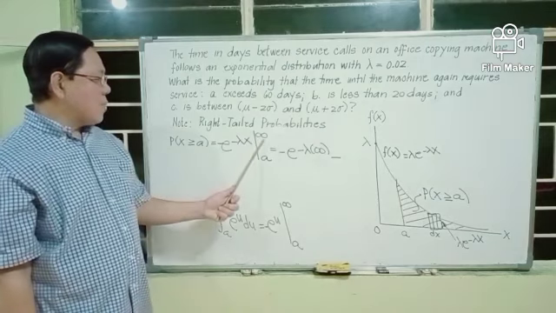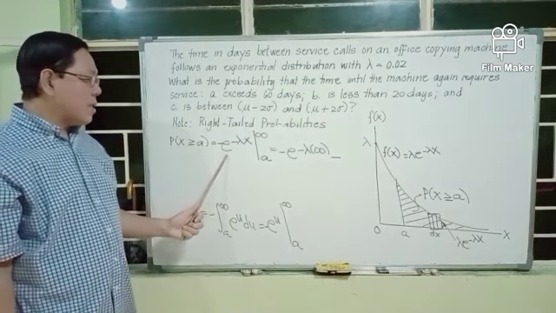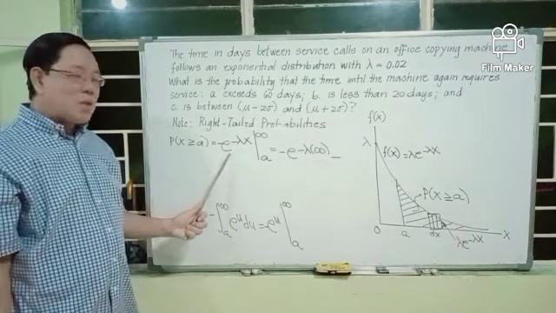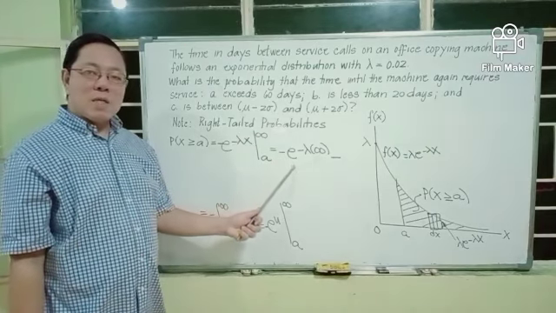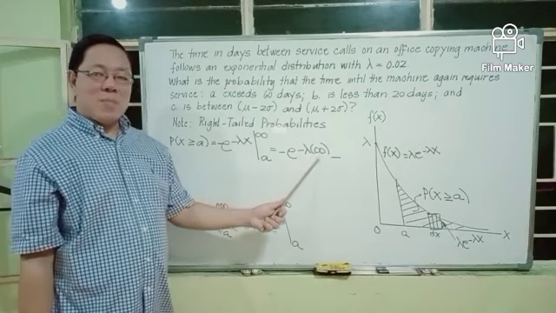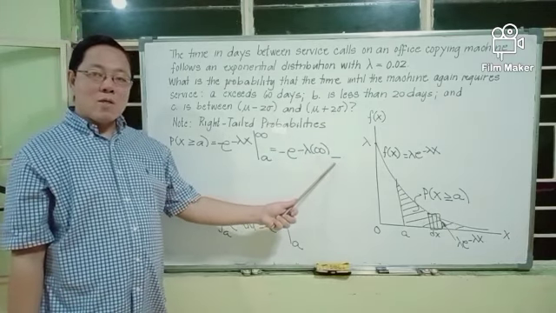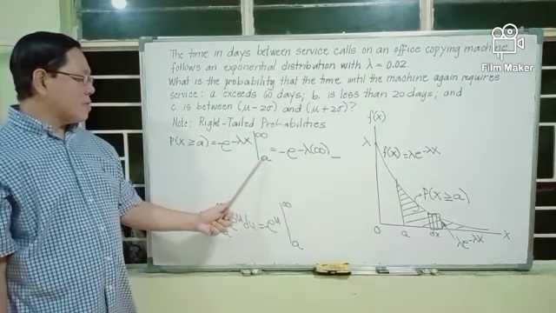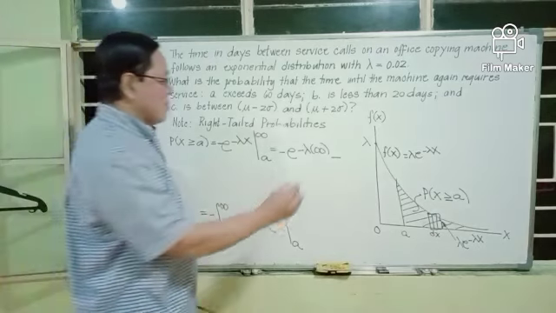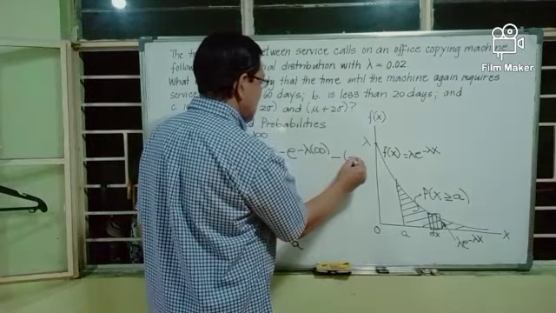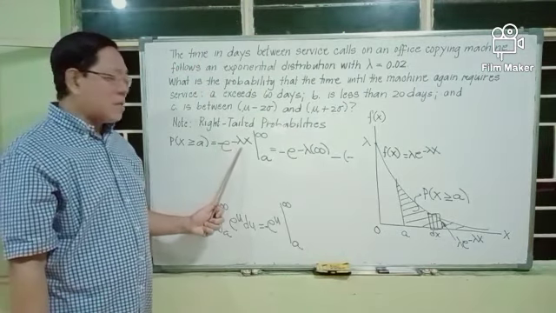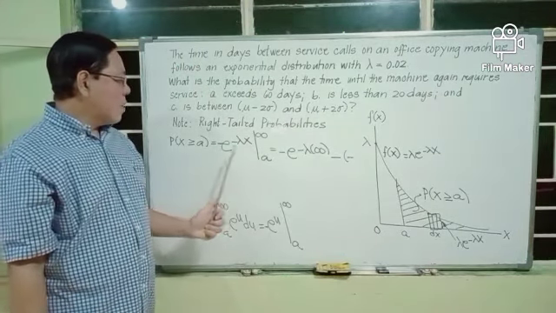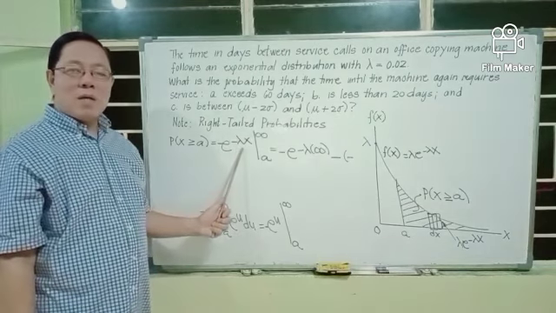When x is positive infinity, you get negative e to the power minus lambda times positive infinity, minus, when x is a, minus e to the minus lambda times a.